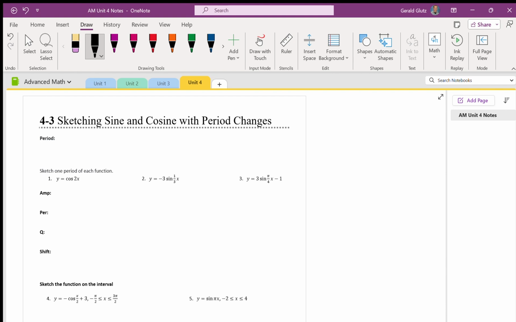In this section of notes, we'll talk about periods changing in sine and cosine graphs. An example of period: if I have a sine graph, it'll look something like this. Like I said yesterday, it goes on forever.